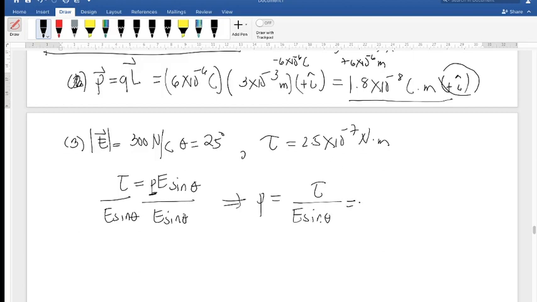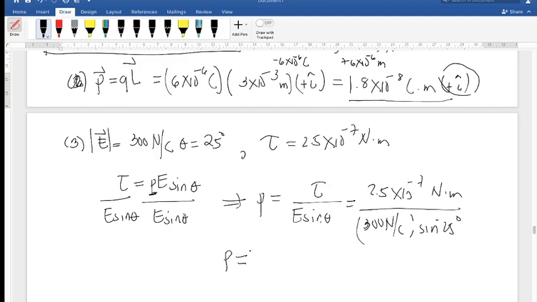Torque is 2.5 times 10 to the negative 7 Newton times meter, divided by the electric field, which is 300 Newton per coulomb, times sine of 25 degrees. So how much is the magnitude of the dipole moment?